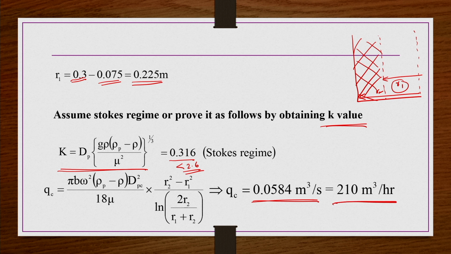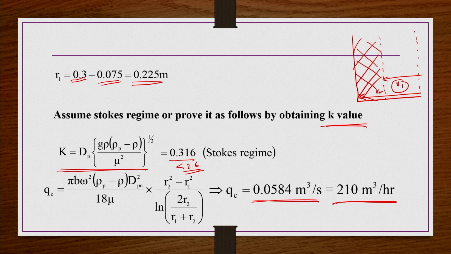If you convert it into meter cube per hour, it is approximately 210 meter cubes per hour of flow rate you have to provide, so that particles of size 30 microns or larger can be separated from the feed liquid which has a wide particle size distribution.